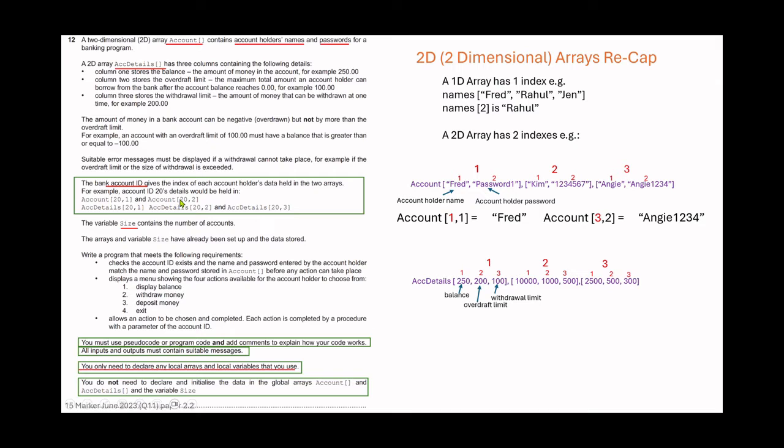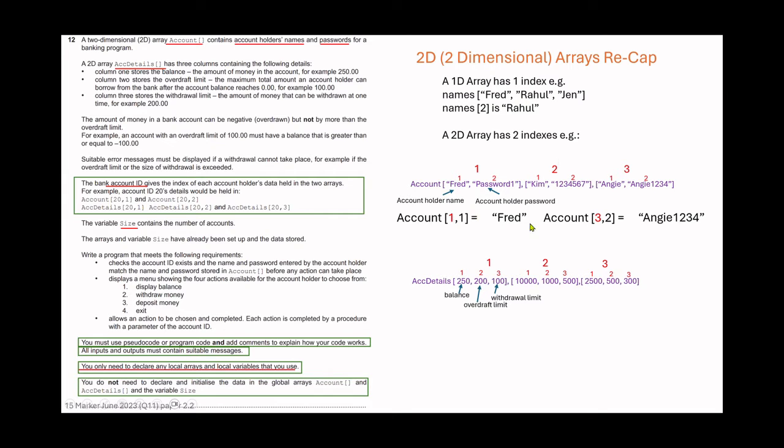The other thing here is that the bank account ID gives the index of each account holder's data held in the 2 arrays. So Fred's account ID is 1 because that gives us access to Fred's username and password. It also gives us access to Fred's account details.